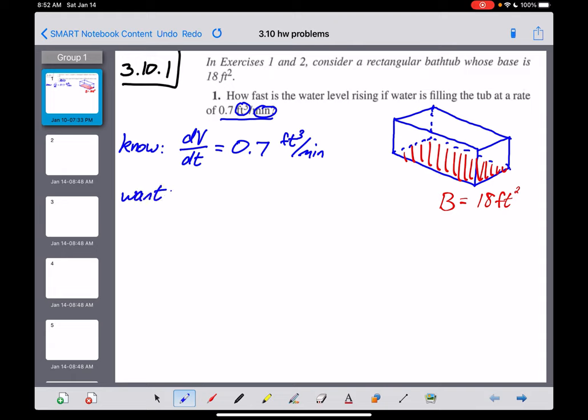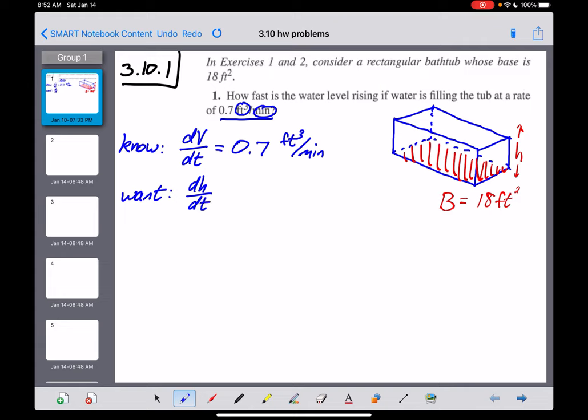Then there's always a derivative that we want to know in a problem like this. And so the question they're asking now is, how fast is the water level rising? So we're talking about the height of the water in the bathtub right here, which is a variable quantity as time goes on as we fill this bathtub. So we want the derivative of the height with respect to time.